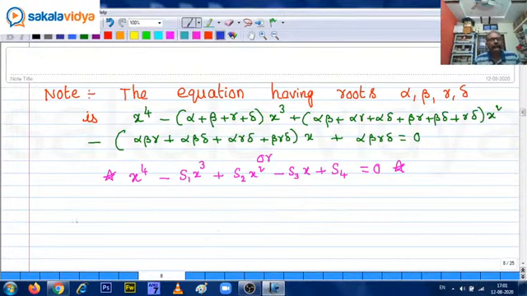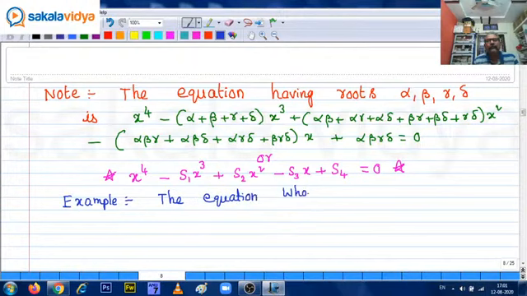So let us discuss one example. The equation whose roots are 1, 2, 3, minus 1 is.